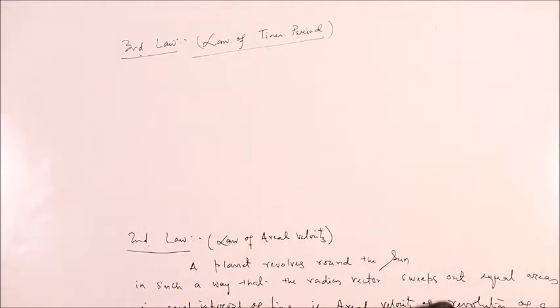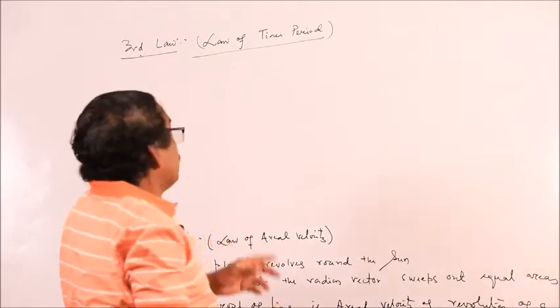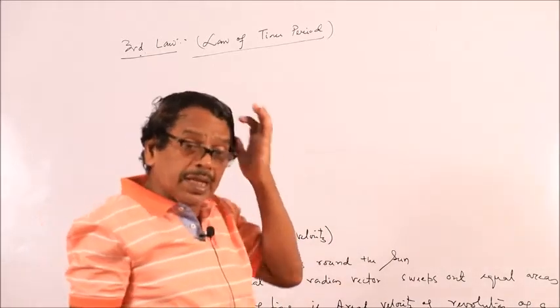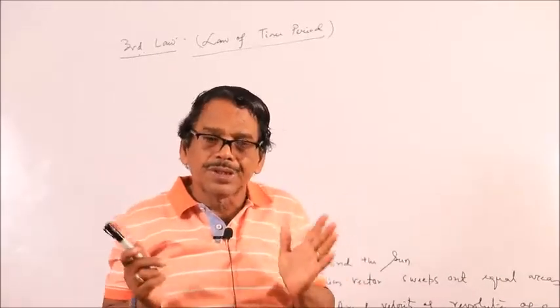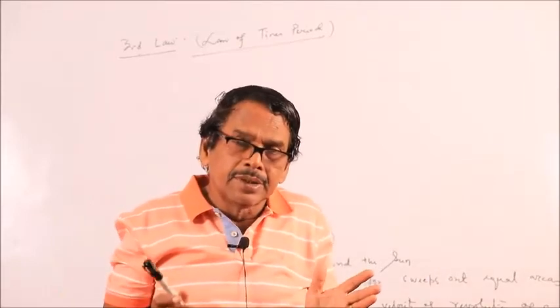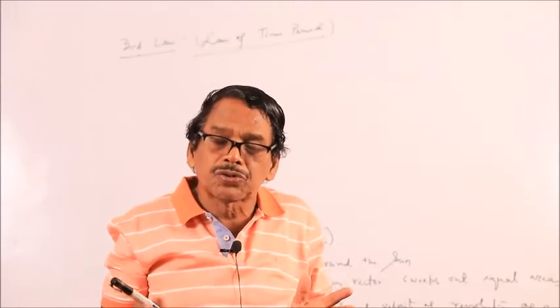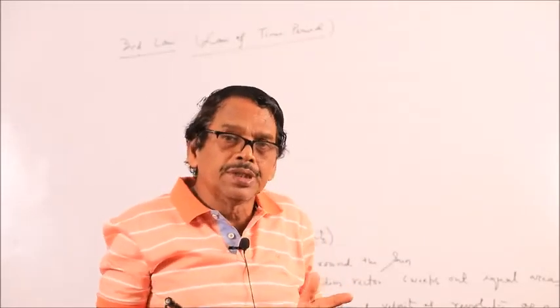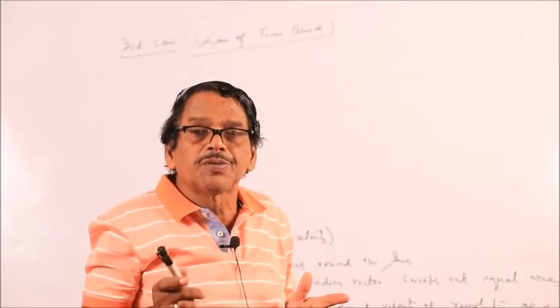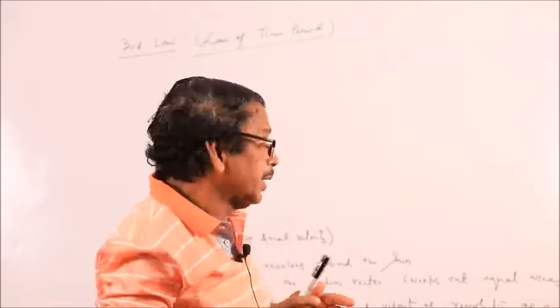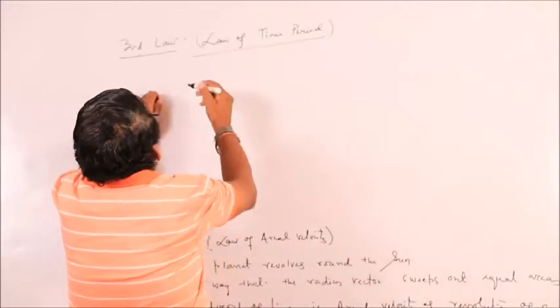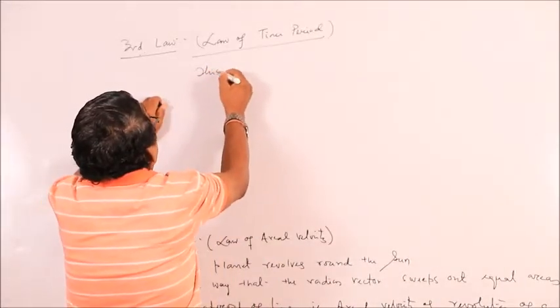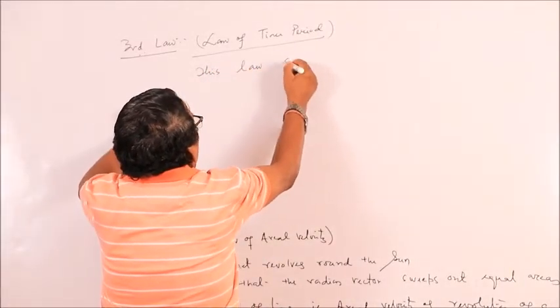In case of Earth, it is 365 days. So, this law says that a planet revolves around the sun in such a way that the square of the time period of revolution around the sun is directly proportional to the cube of the semi-major axis of the elliptic orbit.